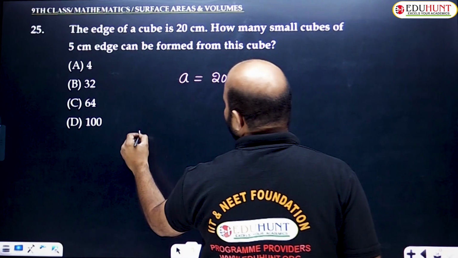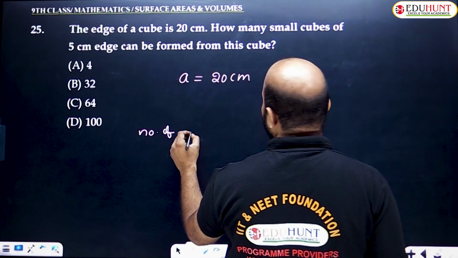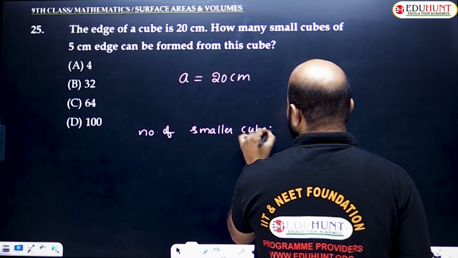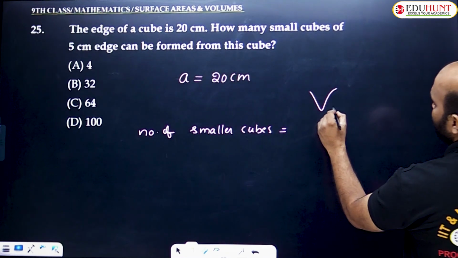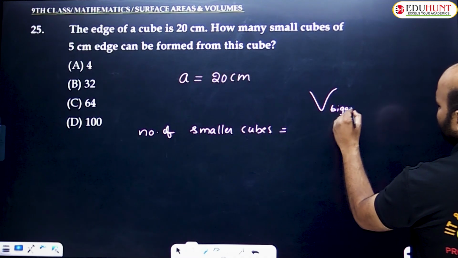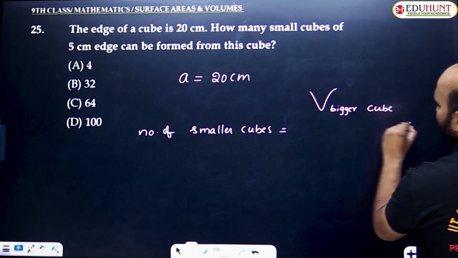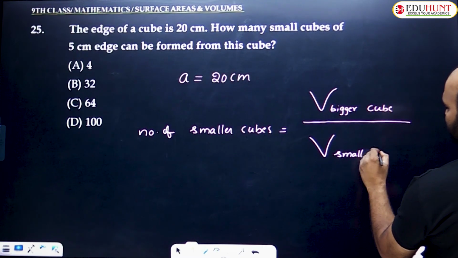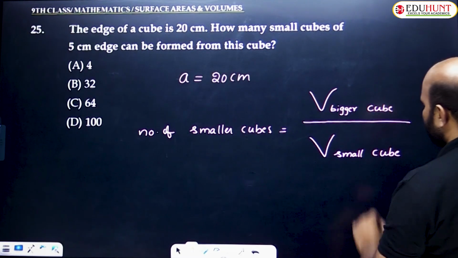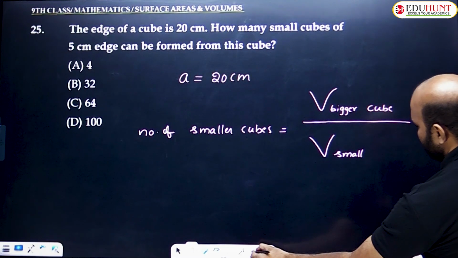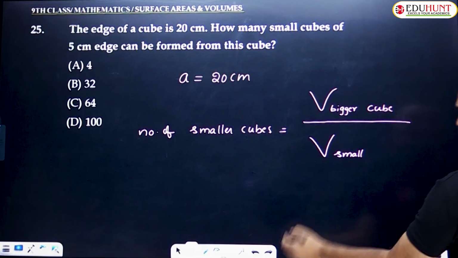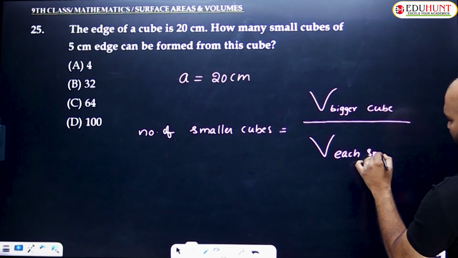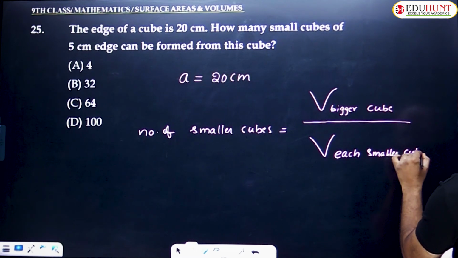The number of smaller cubes equals the volume of the bigger cube by the volume of each smaller cube. Am I clear? So this is the question.